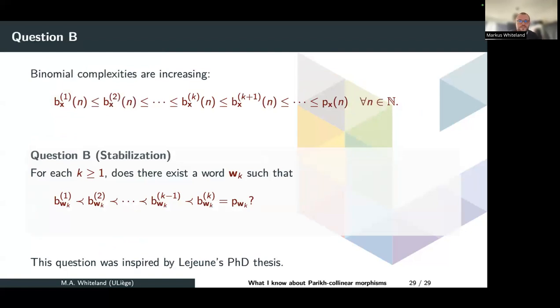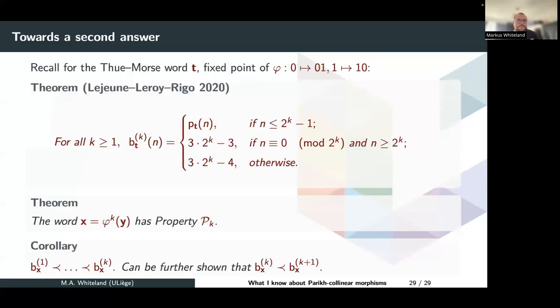Another question we thought about, inspired by Lejeune's thesis, is this: let's fix some k, and does there exist a word for this k such that the first k binomial complexity functions are really different, but then this collapses to the factor complexity function at the k binomial complexity? For this, we use the two-amorph observations that we made.